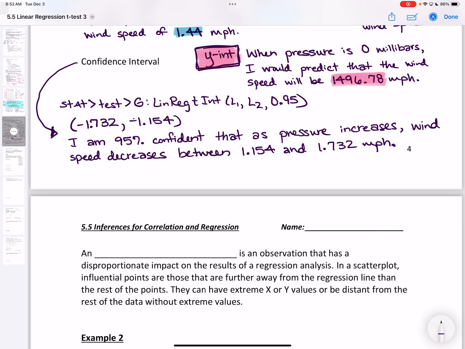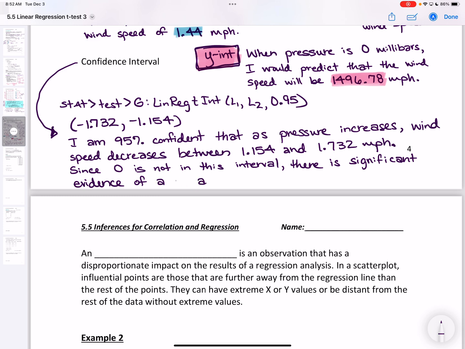So since 0 is not in this interval, there is significant evidence of a negative linear relationship. Woo! Good job.